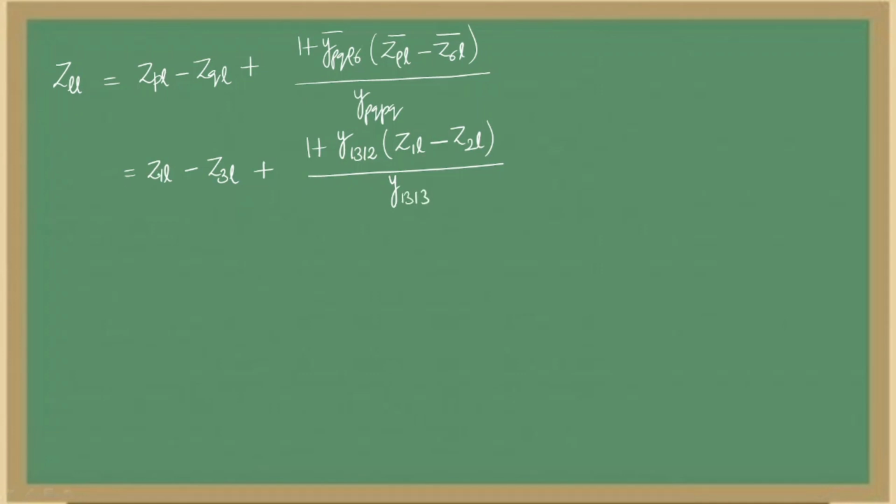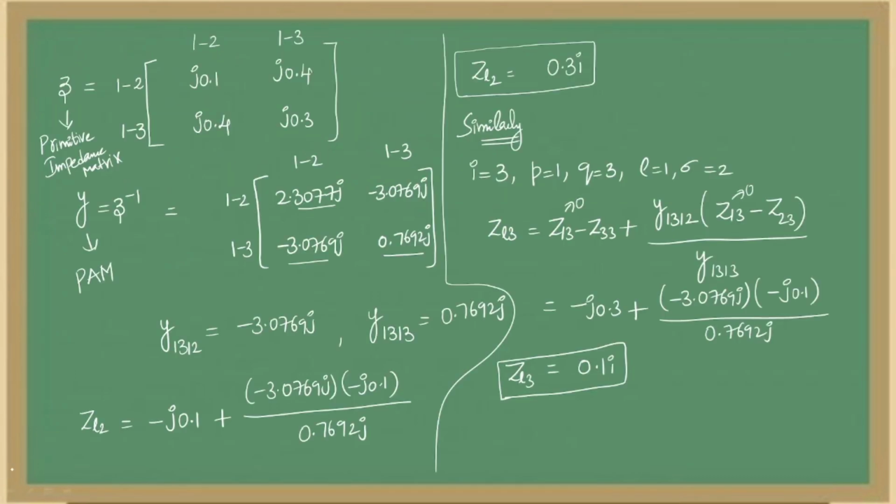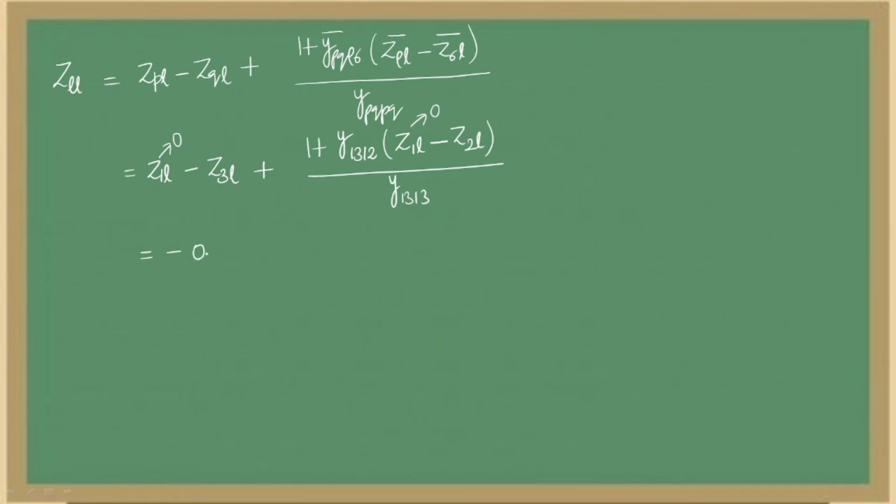Y1313. Now as P is a reference node, ZPL must be 0, hence Z1L is 0, and here also Z1L is 0, and it is given by minus Z3L. As we have understood, these are bilateral elements, so ZL2 is same as Z2L and ZL3 is same as Z3L. So Z3L value is 0.1I or 0.1J. So 0.1J plus 1 plus what you can substitute in place of Y1312?